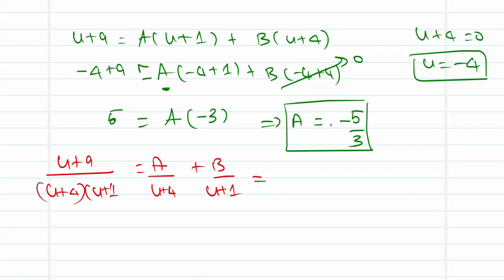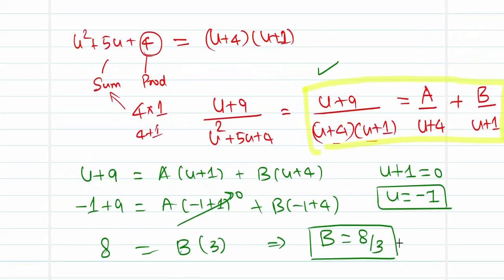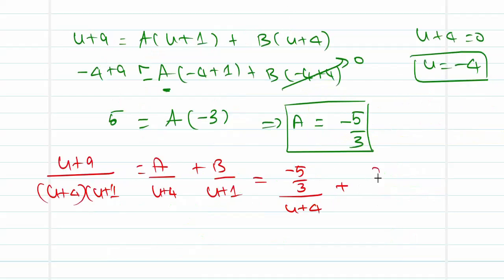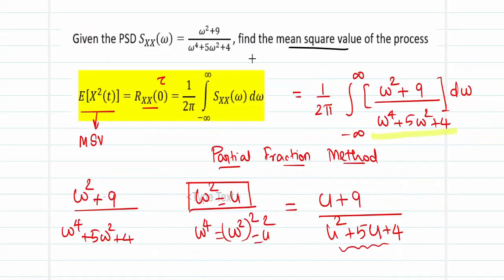It now takes the format minus 5 by 3 times 1 over (u plus 4), plus b, which we got as 8 by 3, times 1 over (u plus 1). Now let me go back one more step, to retrace the partial fraction to this format.